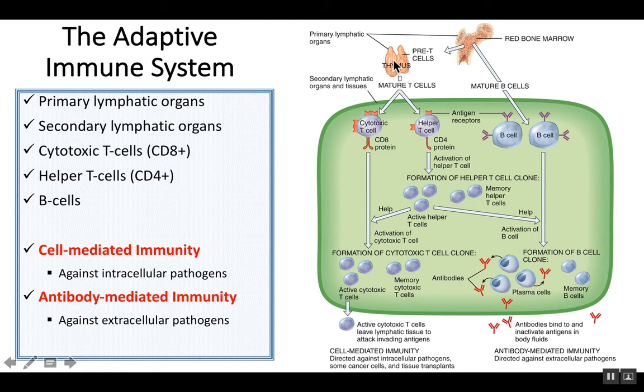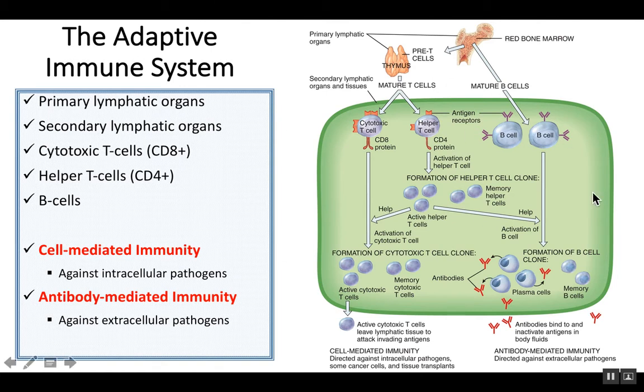And once mature, they get to leave the thymus and go to those same secondary lymphatic organs that the B cells went to, like lymph nodes, like the spleen, like tonsils. So T comes from thymus. T cells have to go to the thymus. And the thymus is kind of like another training ground for them to learn how to be T cells.